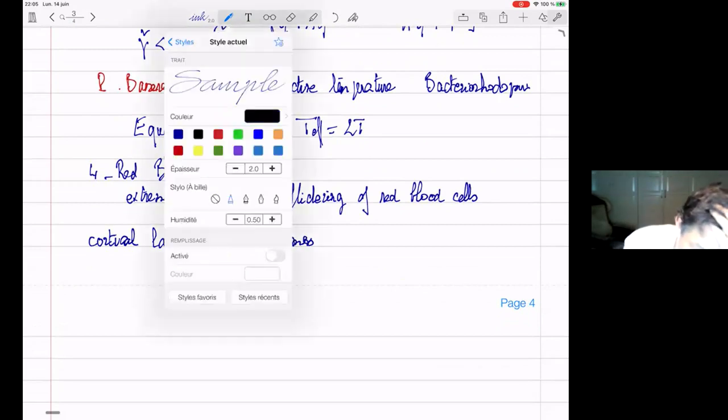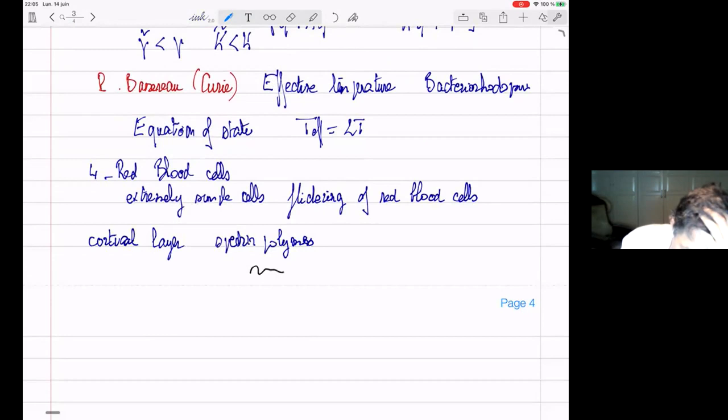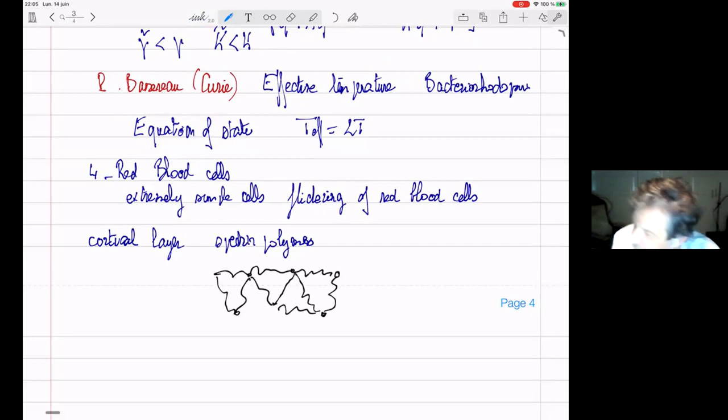So the spectrin are flexible polymers, and they are arranged like this. And for many purposes, you can assume that these polymers are springs.